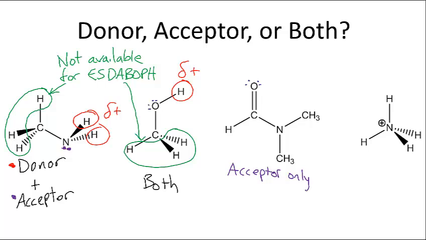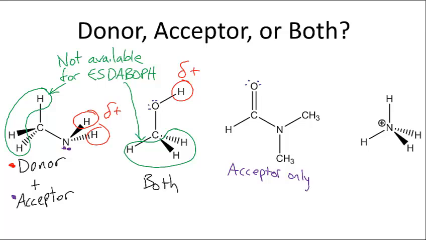That nitrogen also has a lone pair. Someday when you take organic chemistry, you will learn that the nitrogen's lone pair is kind of busy doing something else. So it can't accept hydrogen bonds there, but you don't really need to worry about that at this point. This molecule here is called DMF. It's a common organic solvent.